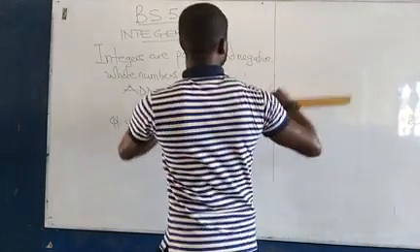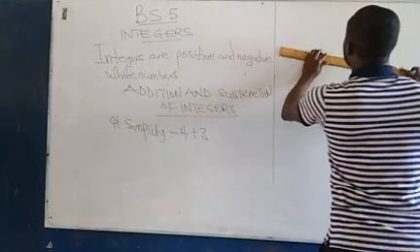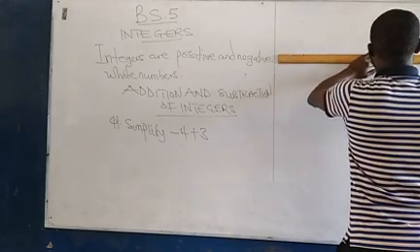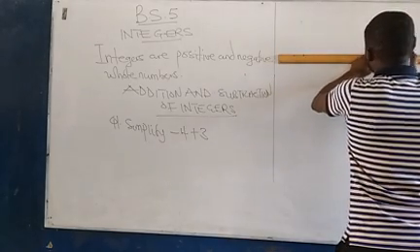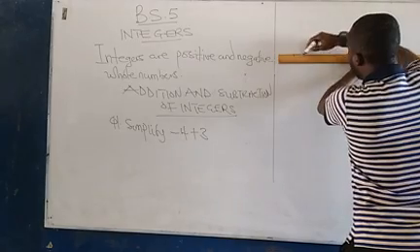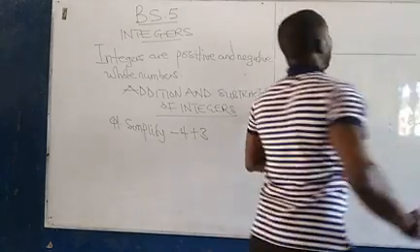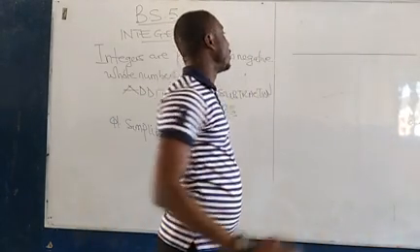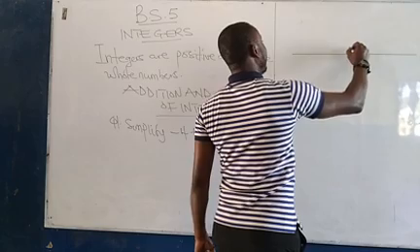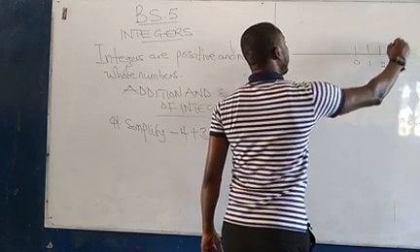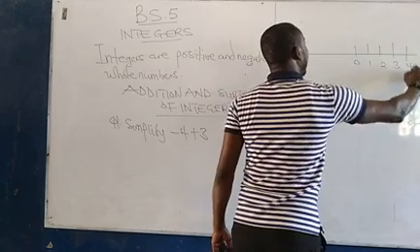So in this case, let us use the number line. I have my 0 here, 1, 2, 3, 4.